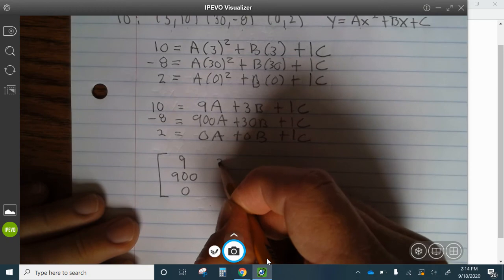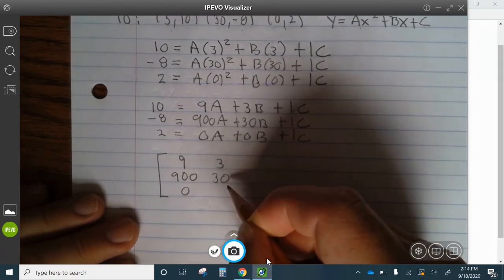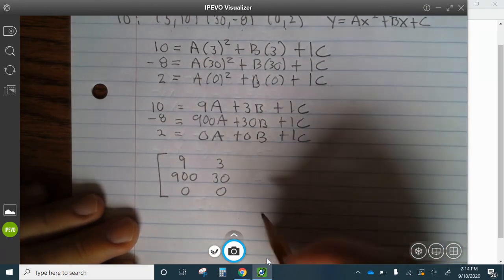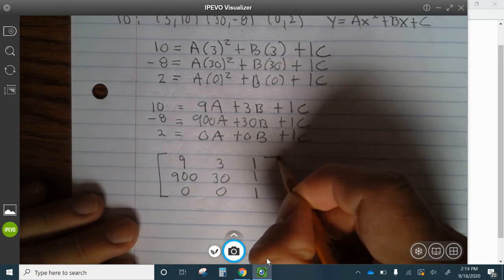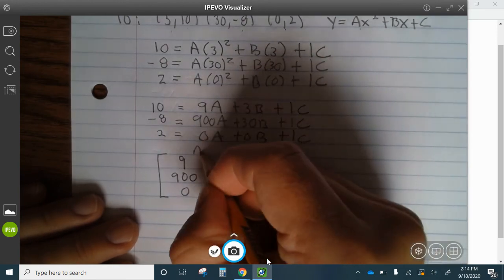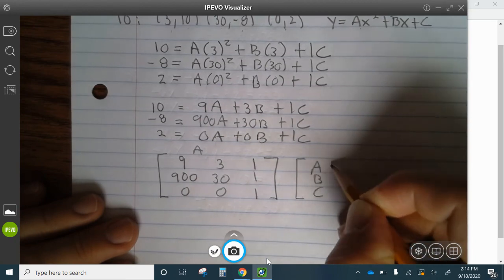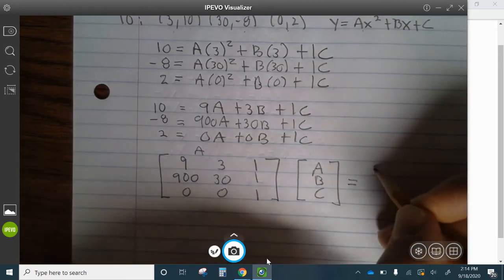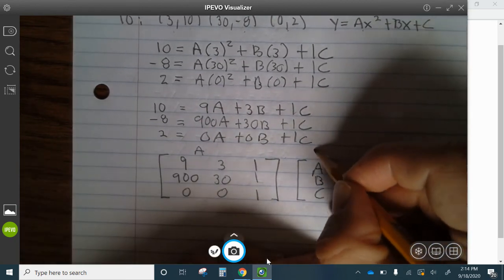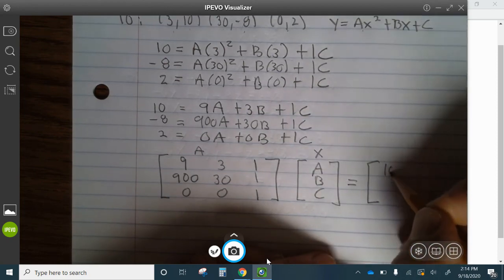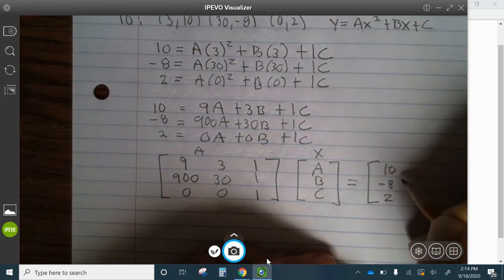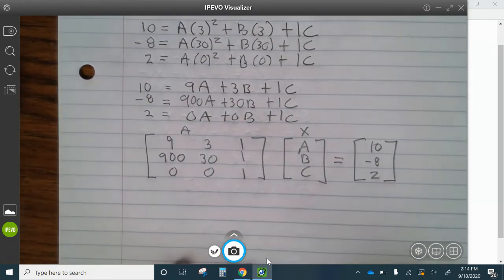If I can get to Desmos. So new matrix, 3 by 3. So that's 9, 3, 1, 900, 30, 1, and then that's 0, 0, 1.